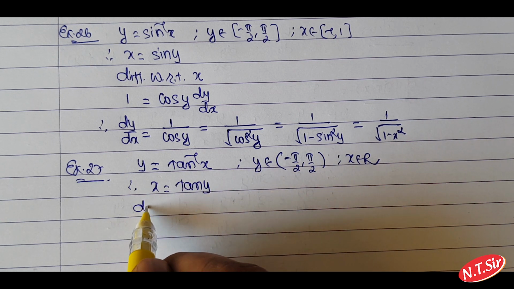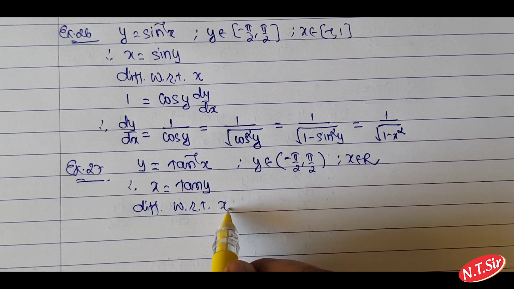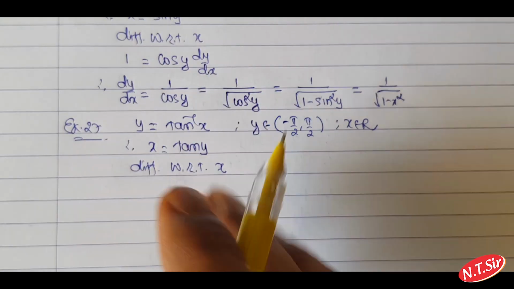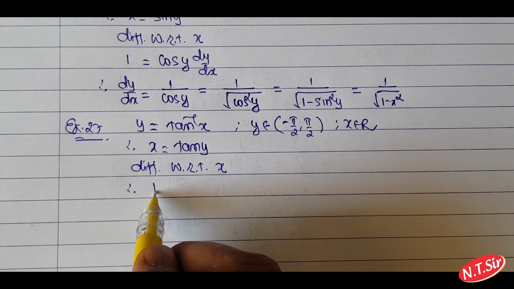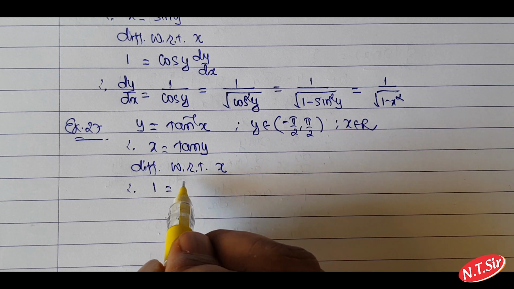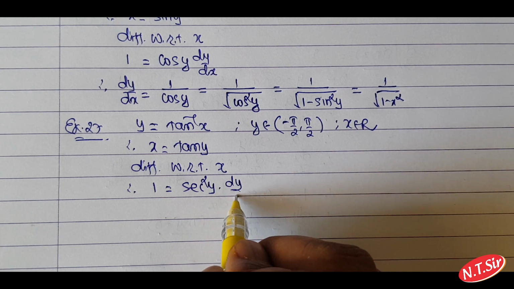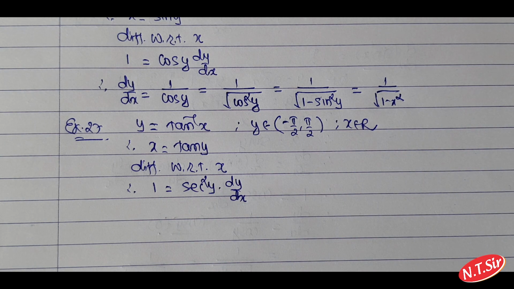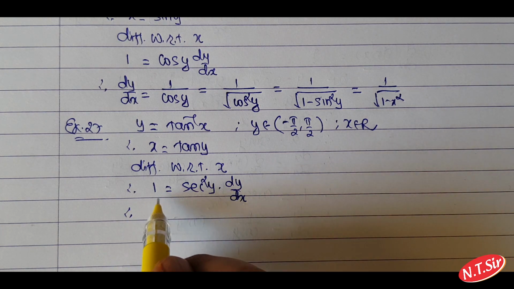So again differentiating with respect to x, similarly as we did in the last example, right. So derivative of x is 1, derivative of tan y is sec square y into dy by dx, that is applying chain rule, right.